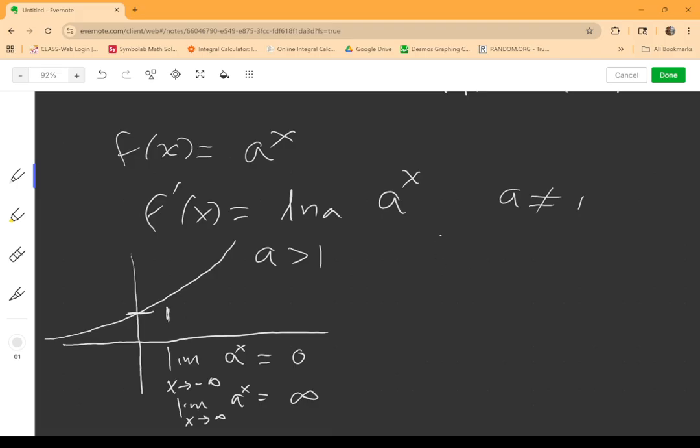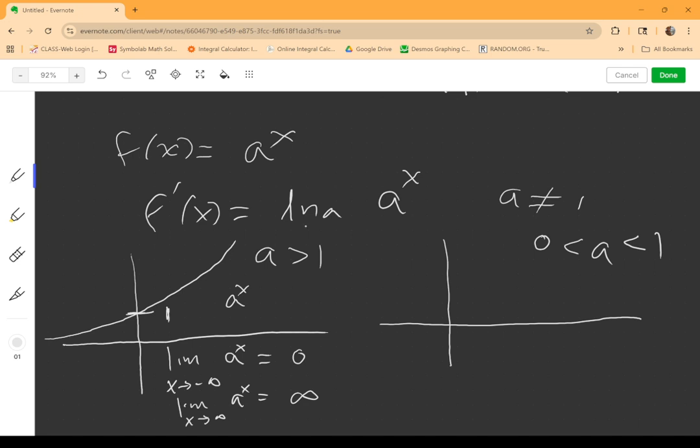Now the other case, and again, this is a to the x, is when a is positive but less than 1. So that falls between 0 and 1.